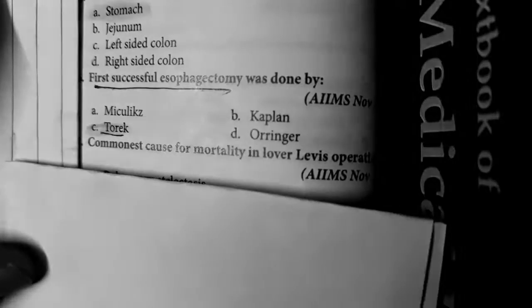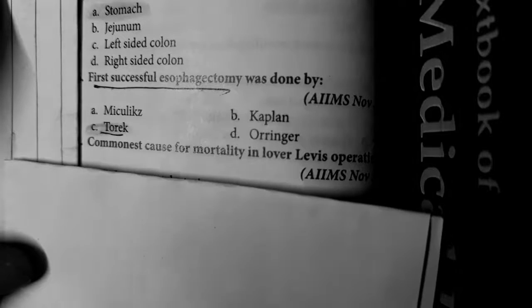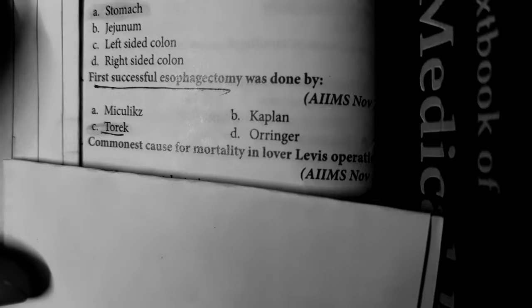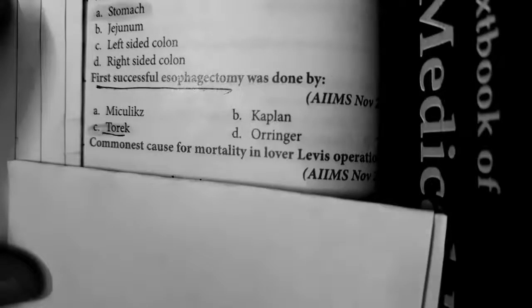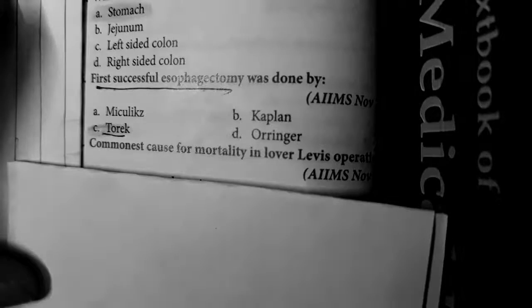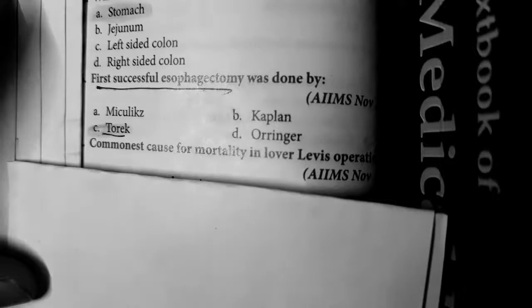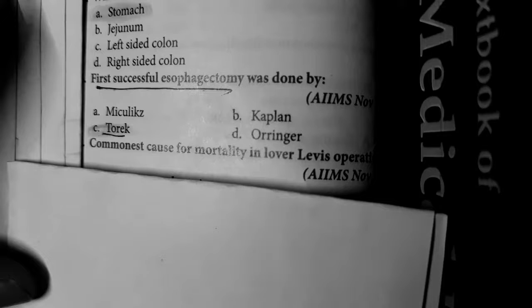Then, commonest cause of mortality in Ivor-Lewis operation is. Ivor-Lewis operation is a transthoracic esophagectomy where we give 2 incisions, one in the abdomen and the second in the thorax, and we pull the stomach up into the thorax and anastomose the stomach with the esophagus in the thorax.